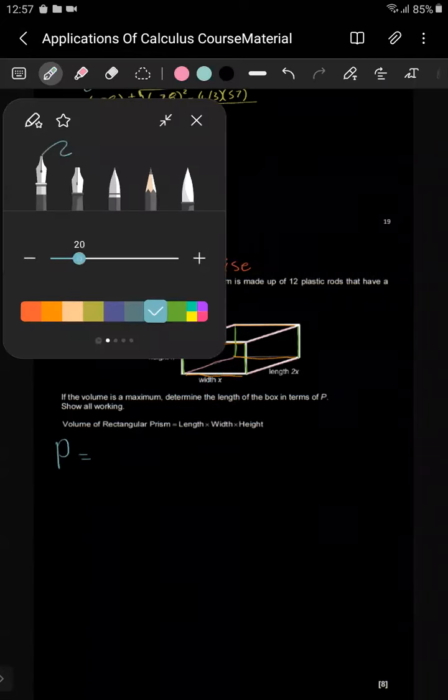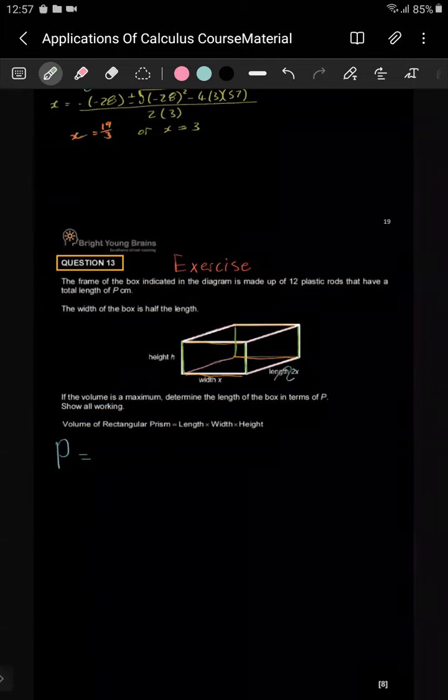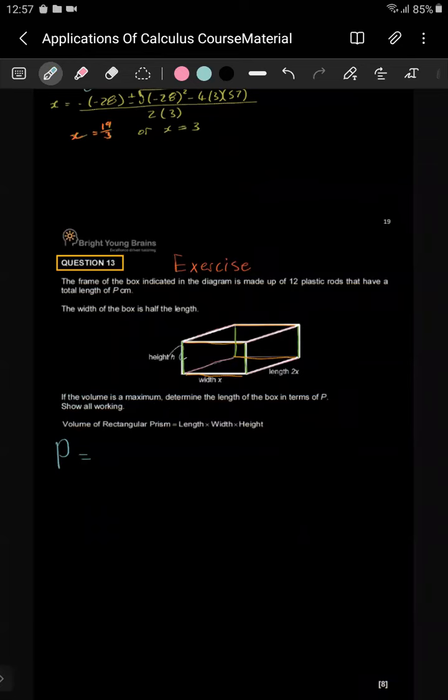I need to make this a bit bigger also. So what we need to recognize is that the p here is basically this length here. Before we even read the rest, they say the width of the box is half the length. Okay, so this is x, and this is 2x. And then you have height. So technically our p is just 4 multiplied by the height.